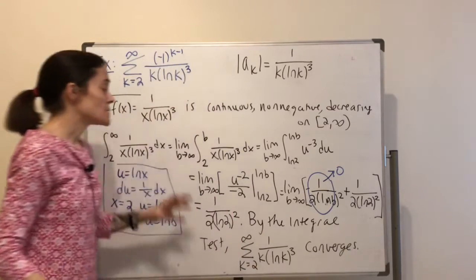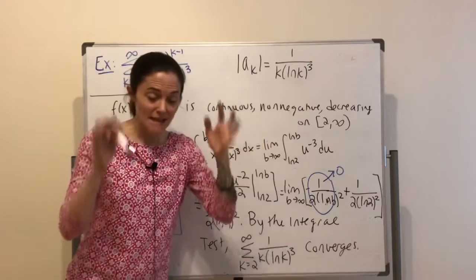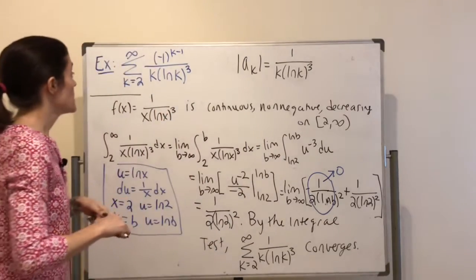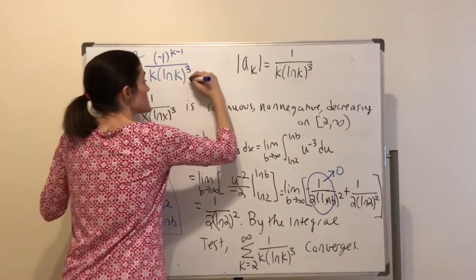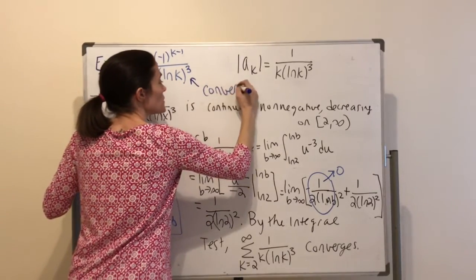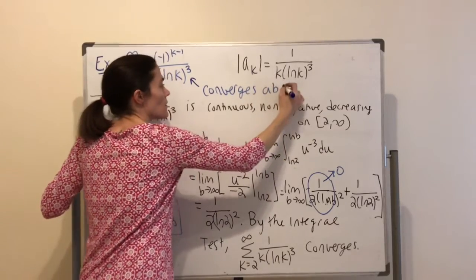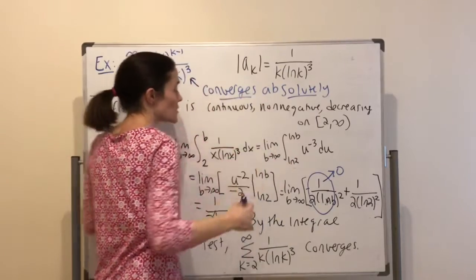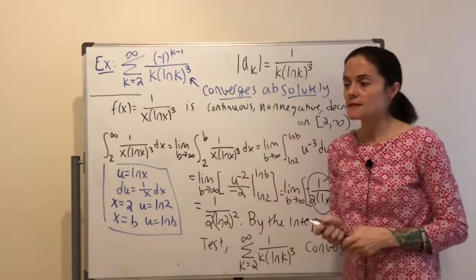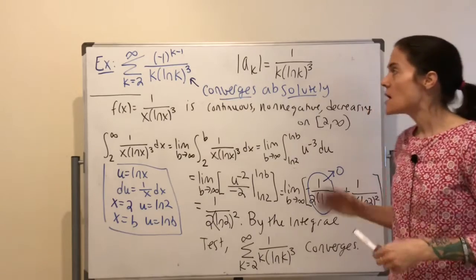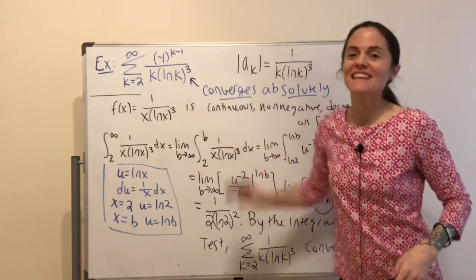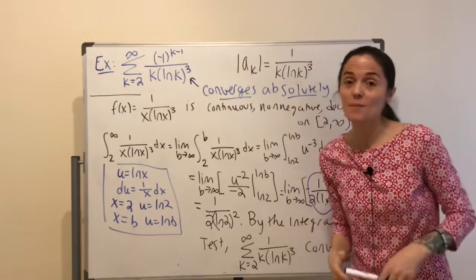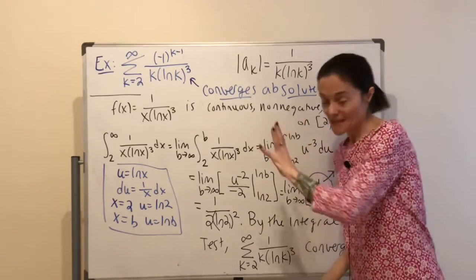We have shown using the integral test that if we take the absolute value and take the sum, this converges. That means that this converges absolutely. When we are in this situation, we don't have to run through an alternating series test to say anything else. Once you know it converges absolutely, then the series itself converges, and you have classified which type of convergence happens here.